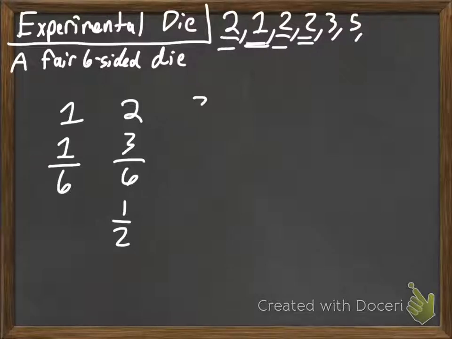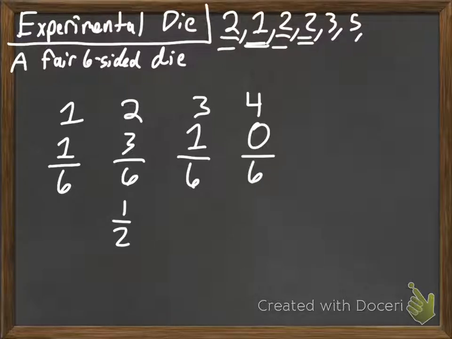My experimental probability of rolling a 3 was 1 out of 6, because I only rolled a 3 once. My experimental probability of rolling a 4 was 0 out of 6 times. 5 was 1 out of 6, and then 6 was 0 out of 6.